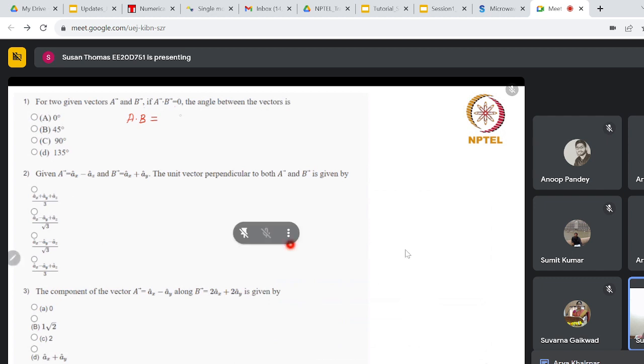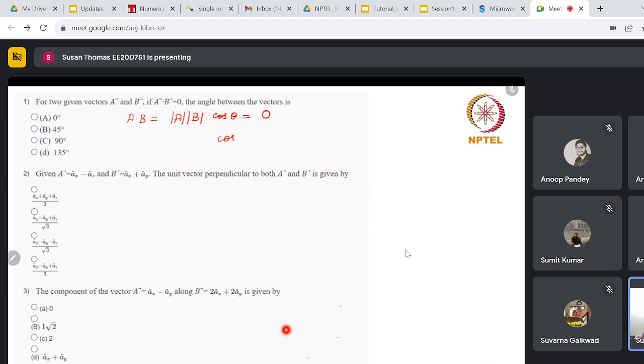Let me tell you, the vector A dot B is modulus A into modulus B into cos theta, where theta is the angle between vector A and vector B. As per the question, this has to be equated to 0. Modulus A or modulus B cannot be 0 because those are magnitudes of the vectors.